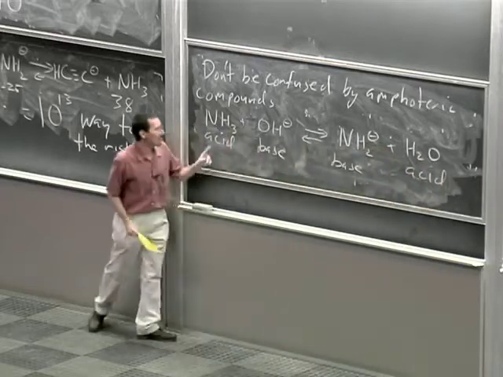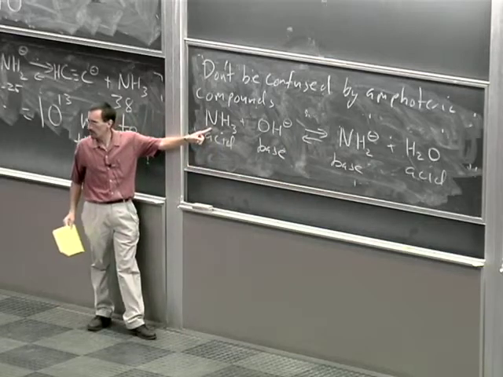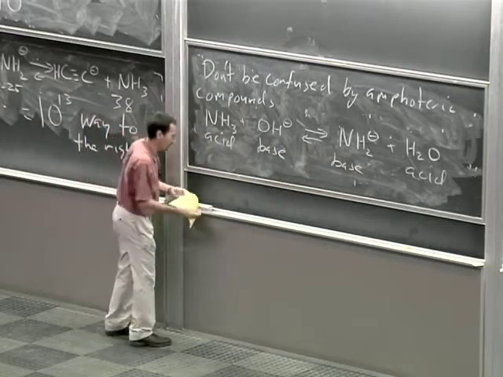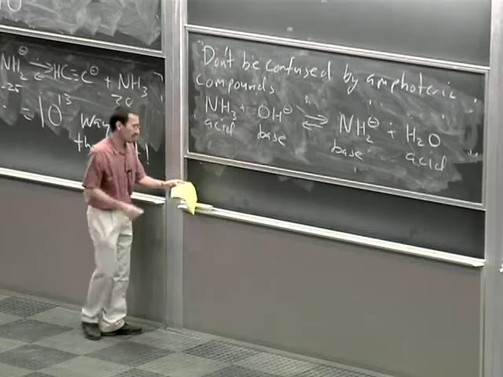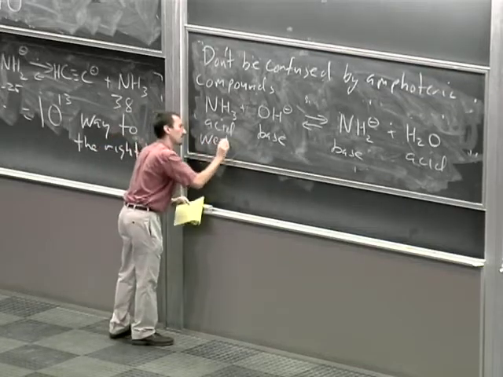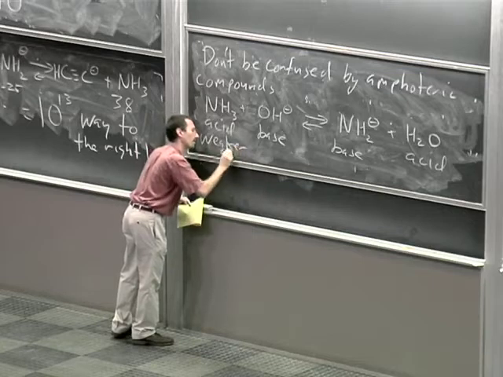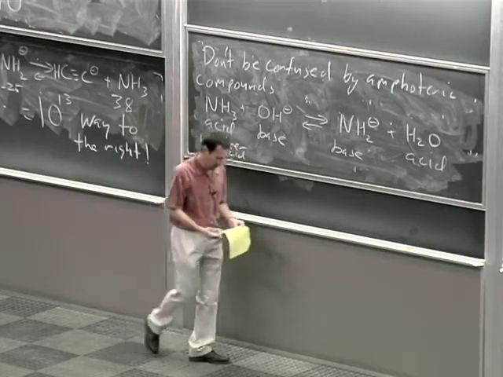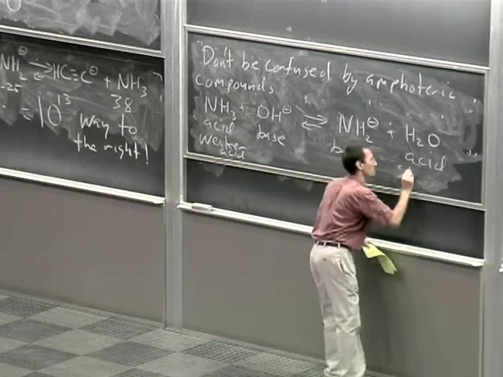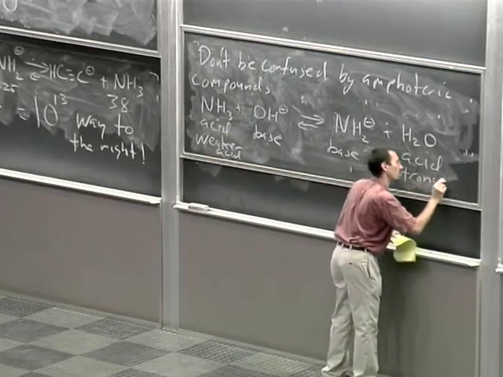We need to think about the pKa of ammonia to give up a proton. Its pKa is about 38. It's the weaker acid. The pKa of water is 15.7. It's the stronger acid.